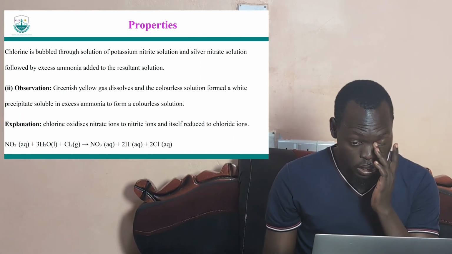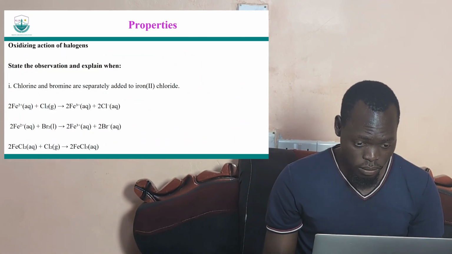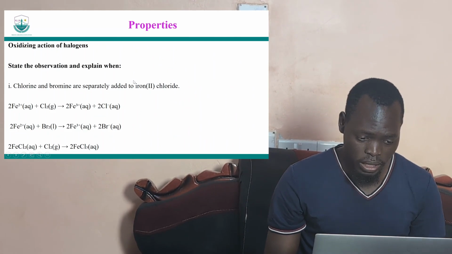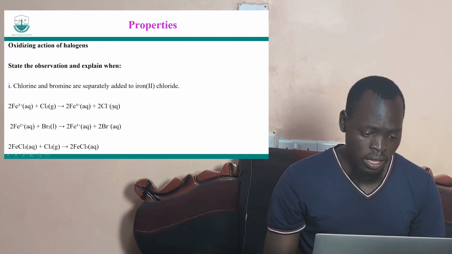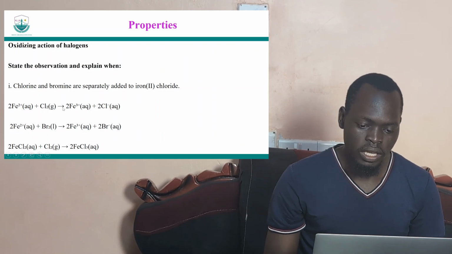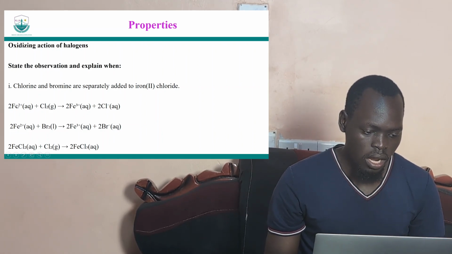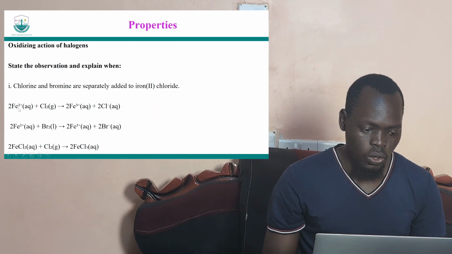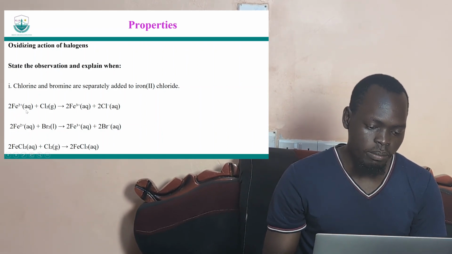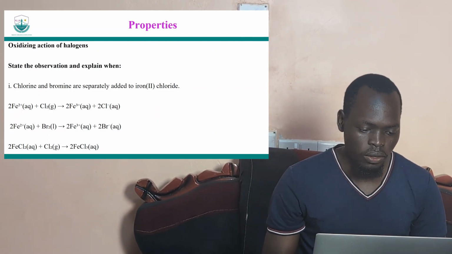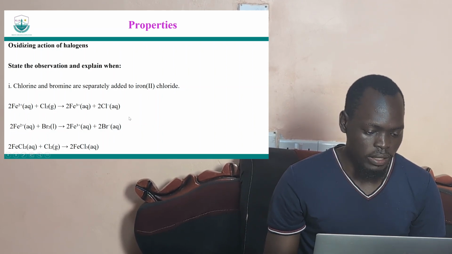What basically happens here is that when you bubble bromine and chlorine, they are used up as oxidizing agents, meaning for this matter, the iron(II) would be oxidized into iron(III), and the chlorine will be reduced into chloride ions.